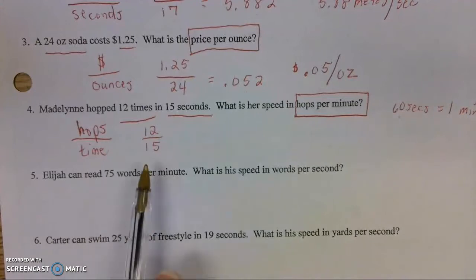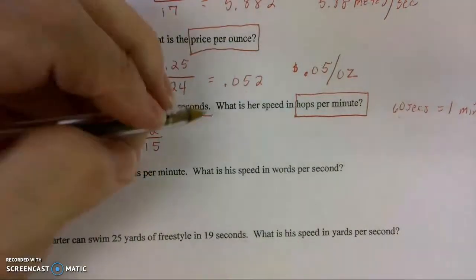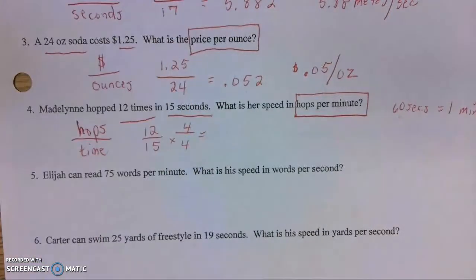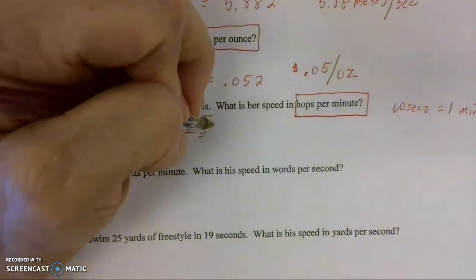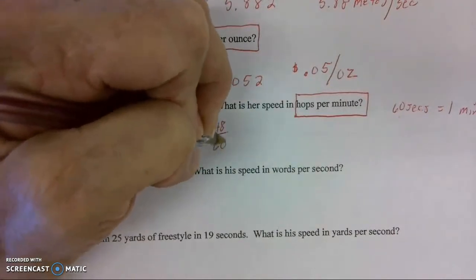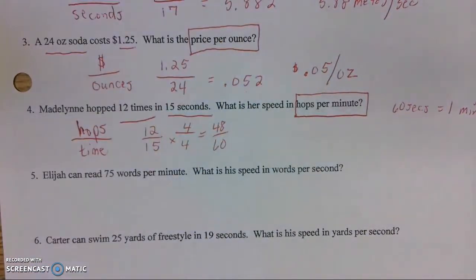Now, if you know that 15 times 4 is 60, I can just create an equivalent fraction, and I would get 48 over 60, or 48 hops per 60 seconds, which is 1 minute.